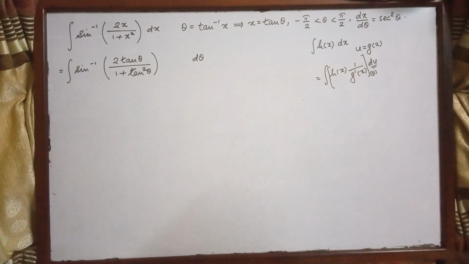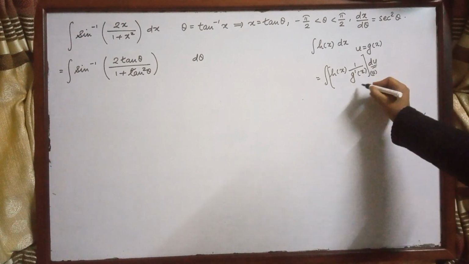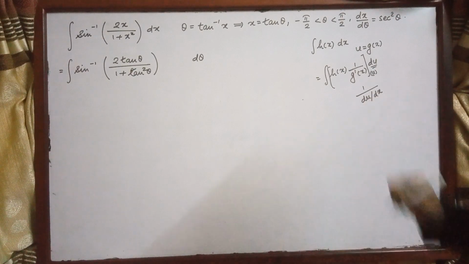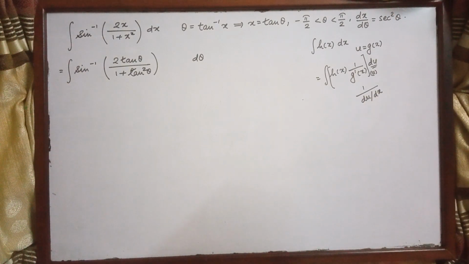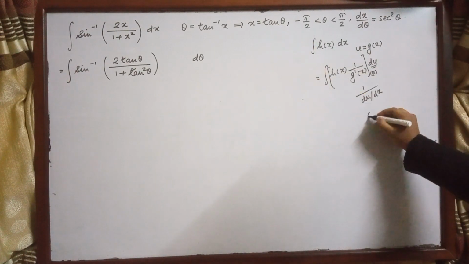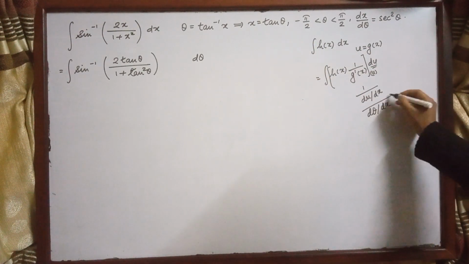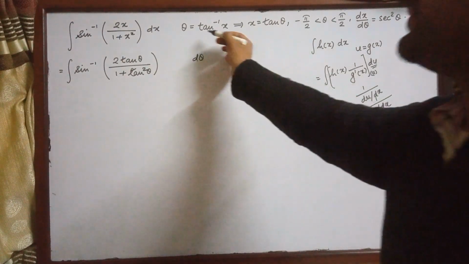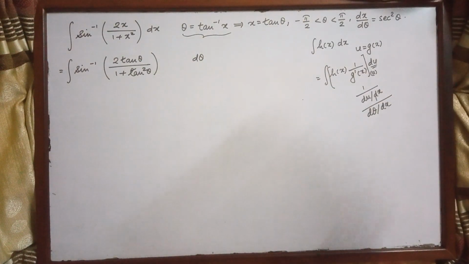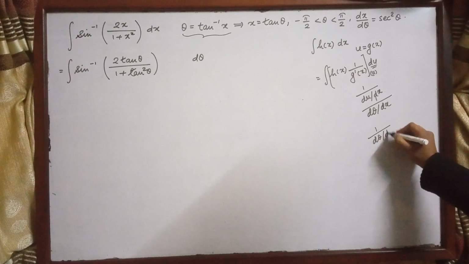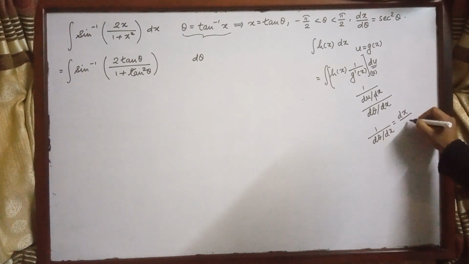Since g dash x is du over dx, and in our case it is d theta over dx, and since the inverse circular function represents an invertible function, 1 over d theta over dx can be rewritten as dx over d theta.